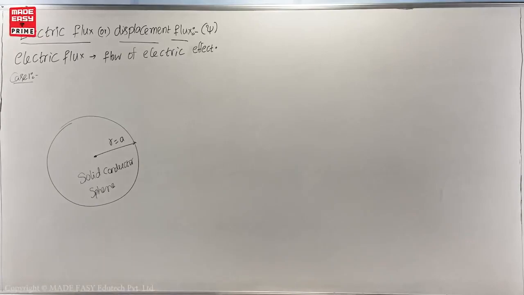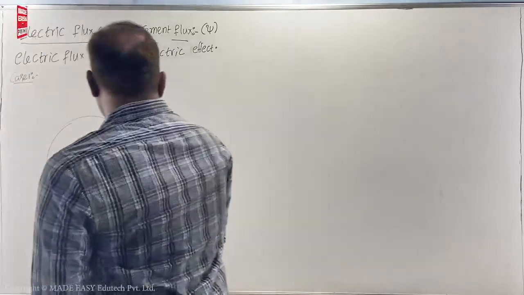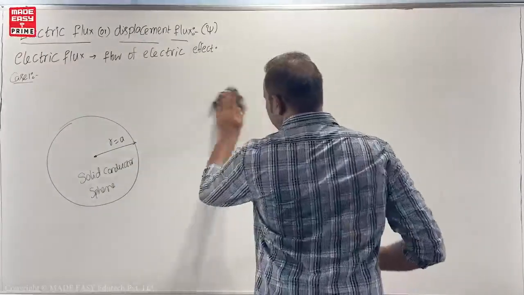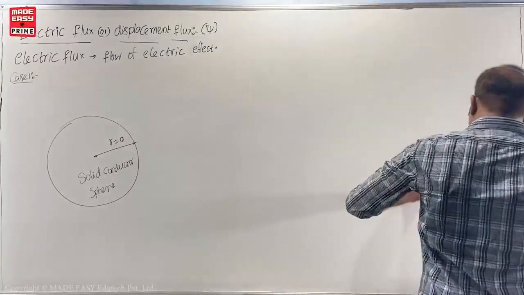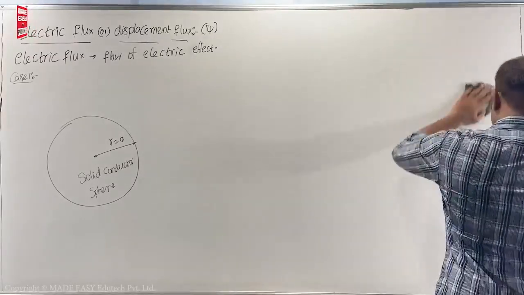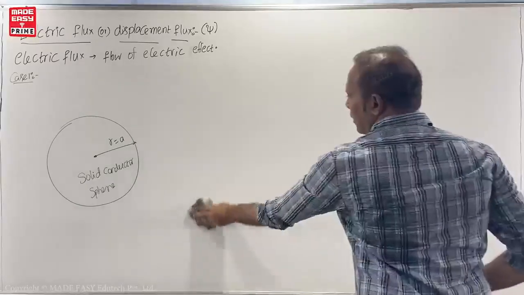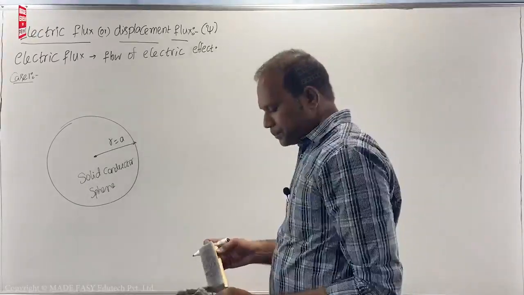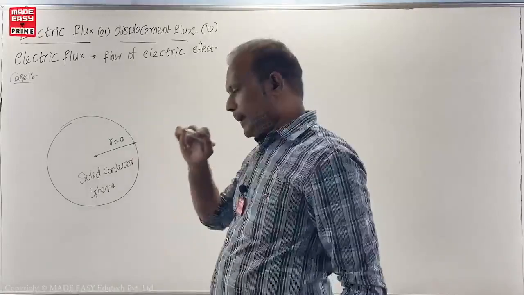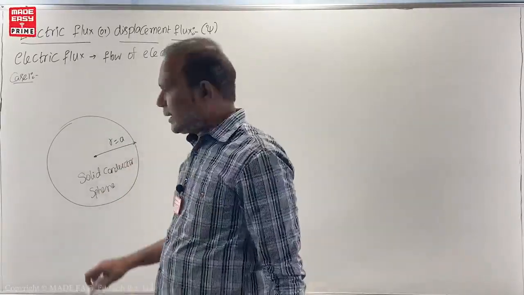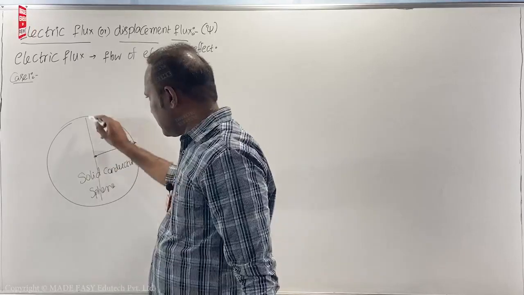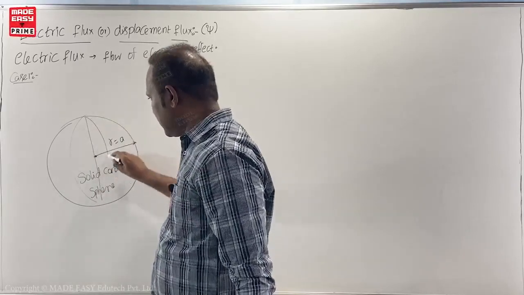In between them, if air is there, that is called an air capacitor. Then if dielectric is there, then that is called a dielectric capacitor. Okay. Now there is one sphere. It is a solid sphere. It is not a circle, student. It is a sphere like this. Okay, like this.